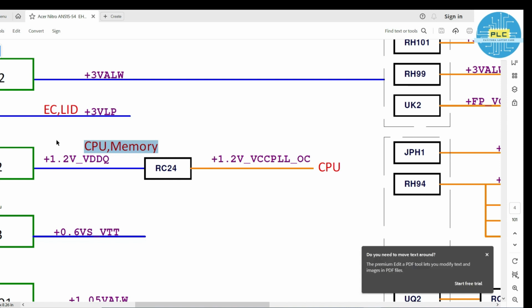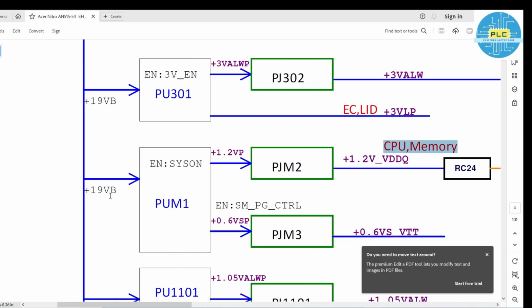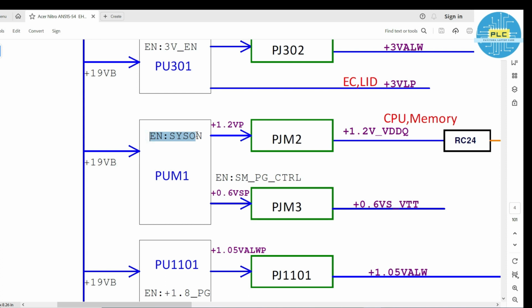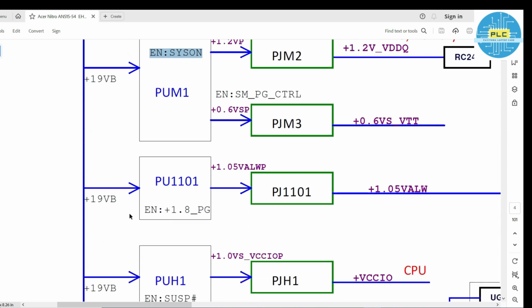Okay. Now again, this plus 19 VB, the charging IC has given 19 VB. This is connected to this particular load. It receives this enable signal, then it gives these two, right? Like that.